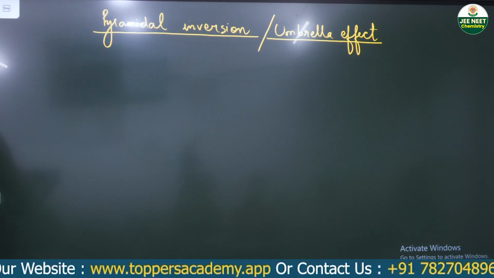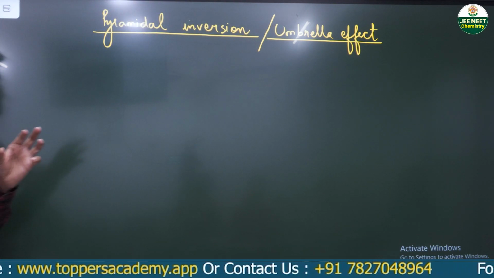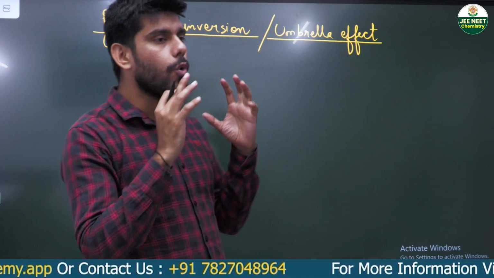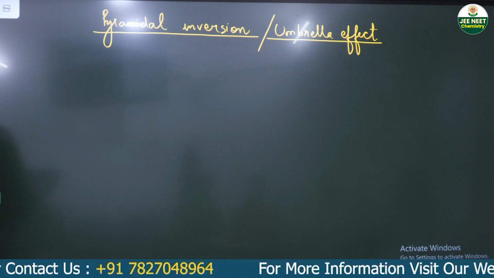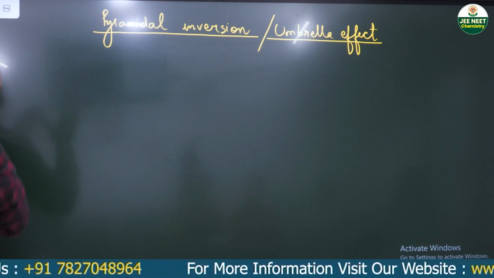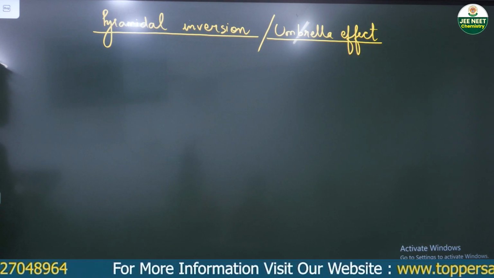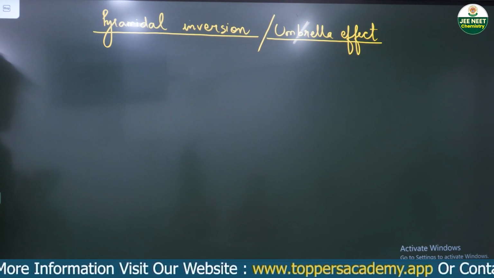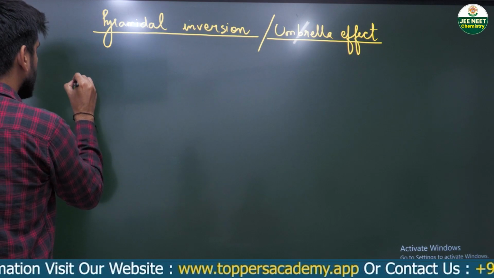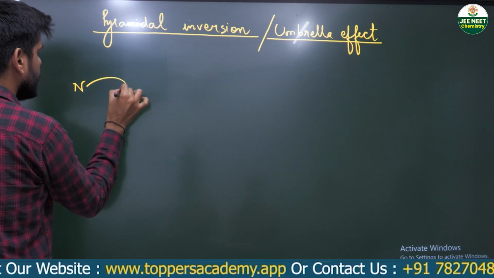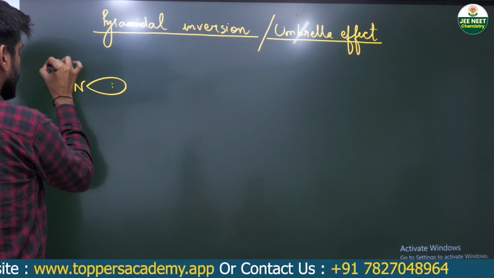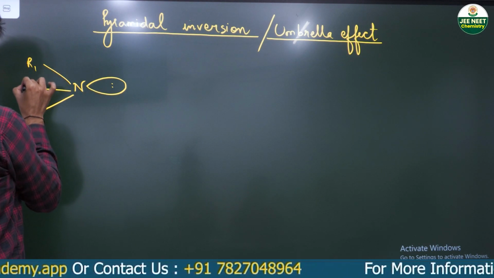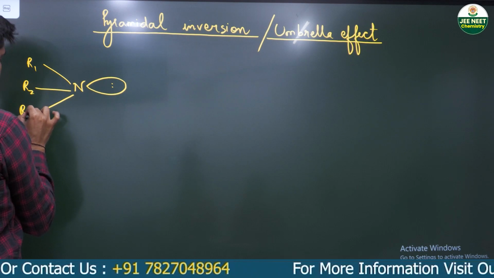At room temperature, the inversion of one enantiomeric form into another is so rapid that it is very difficult to isolate those enantiomeric forms, and hence it is optically inactive. So, suppose if I have something of this sort, suppose this is R1, this is R2, this is R3.